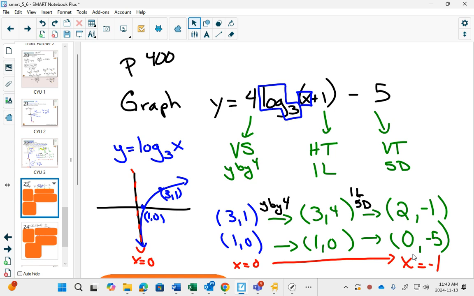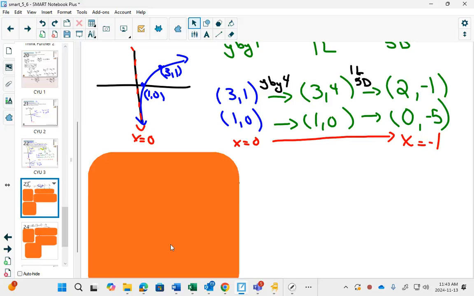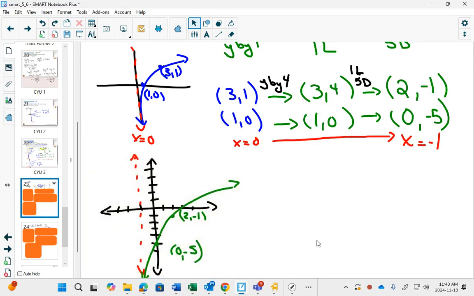This time my asymptote is going to change, because I'm going 1 to the left. Then I can take my new points and my new asymptote, label the 2 points, label the asymptote, draw your logarithmic graph through those 2 points towards the asymptote.